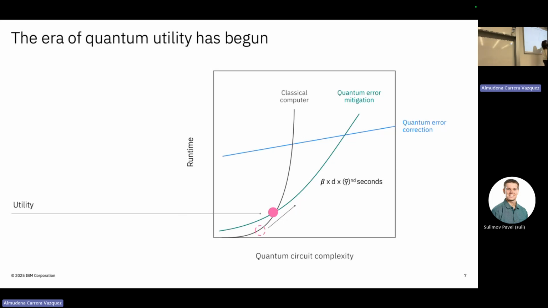So it's also a kind of exponential curve, but the lower the physical noise, the flatter this becomes. And finally, you have quantum error correction, which has a very large overhead, but then your runtime stays good. It stays true to the runtime of the good algorithm that you had.